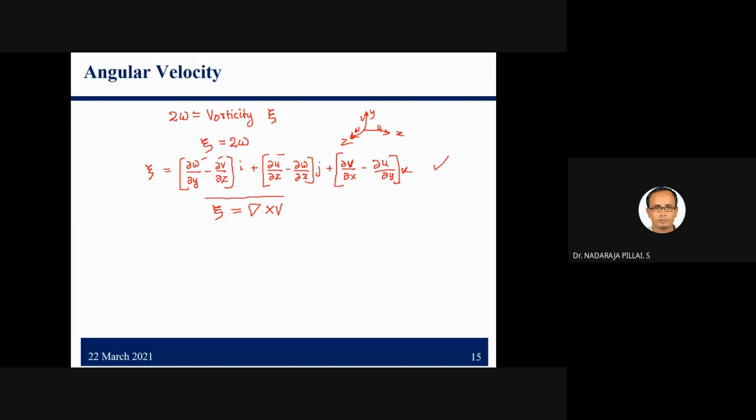So del cross V is vorticity, where V is Ui plus Vj plus Wk. In this velocity field, we can say that the curl of V is equal to vorticity.